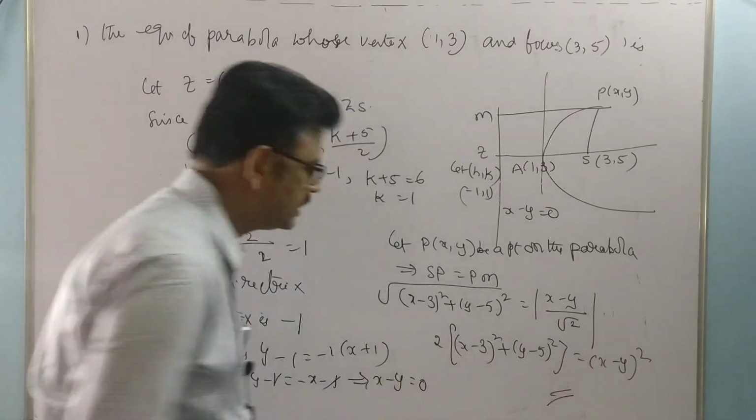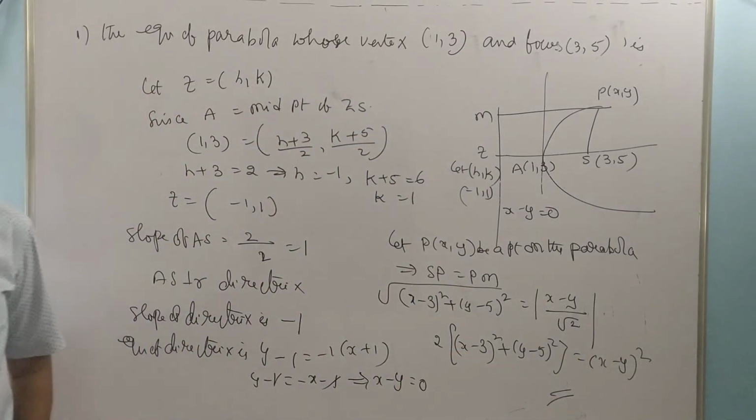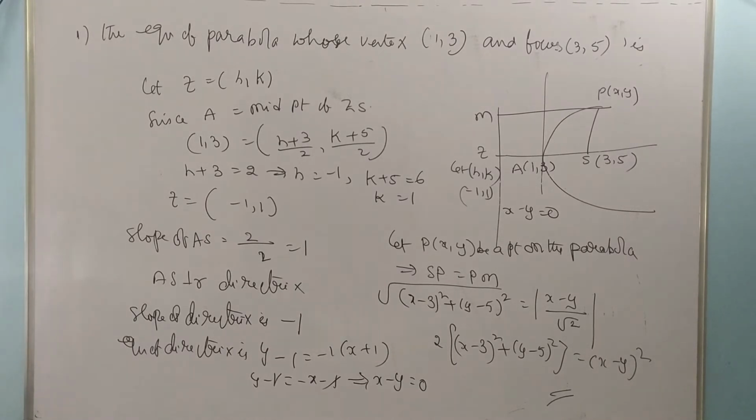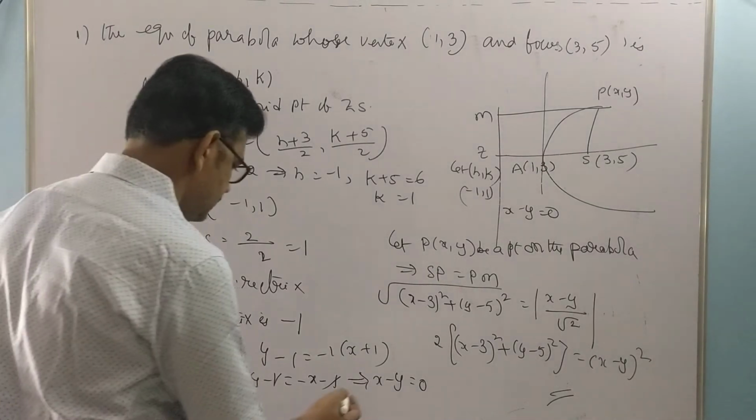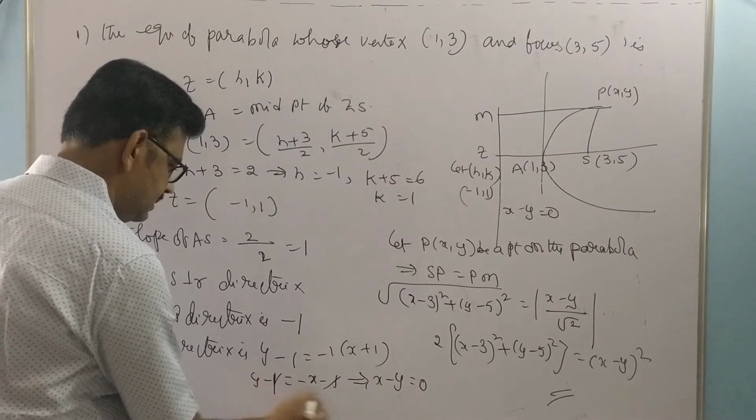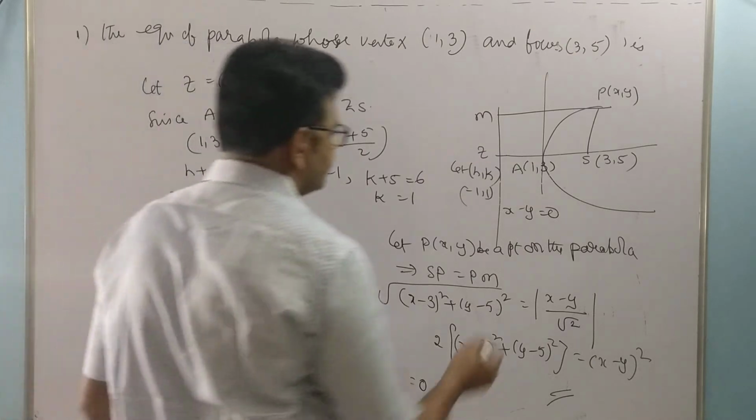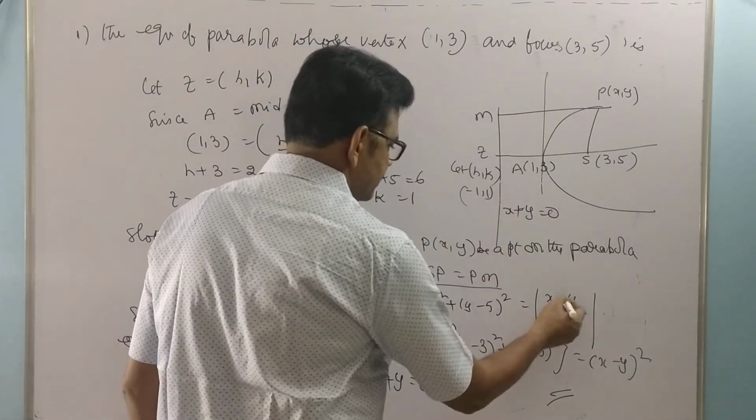So expanding and reducing to standard form, that is the equation of parabola. Here 1 gets cancelled, it is x plus y. Equation of directrix is x plus y equal to 0.